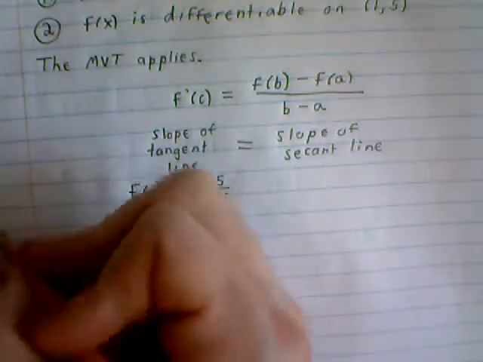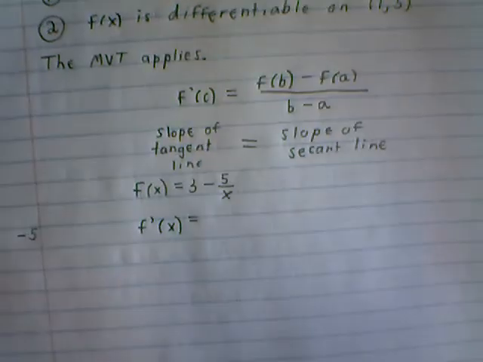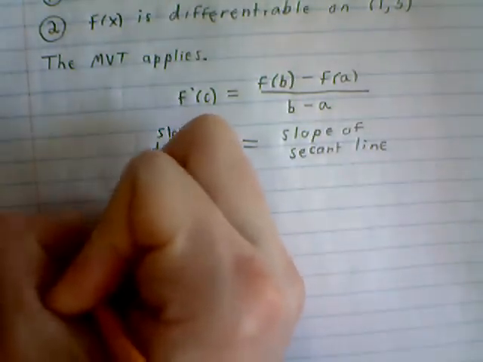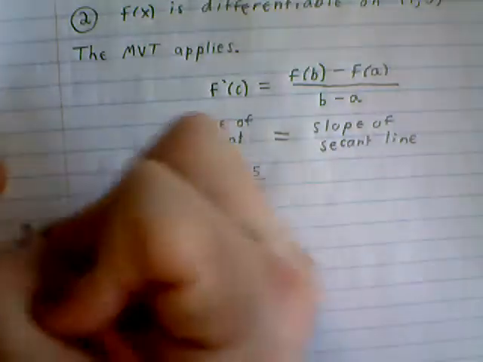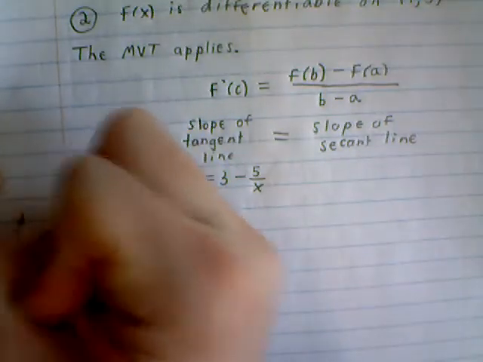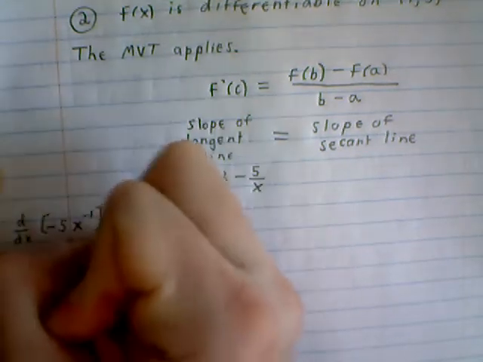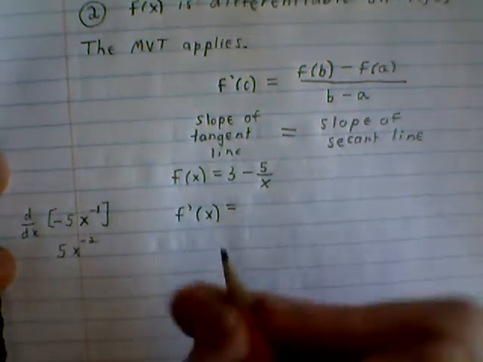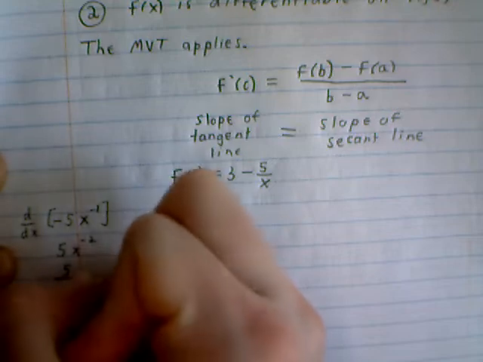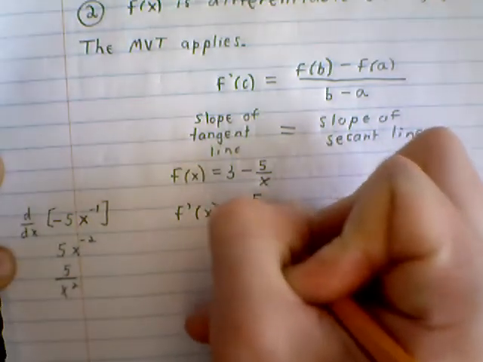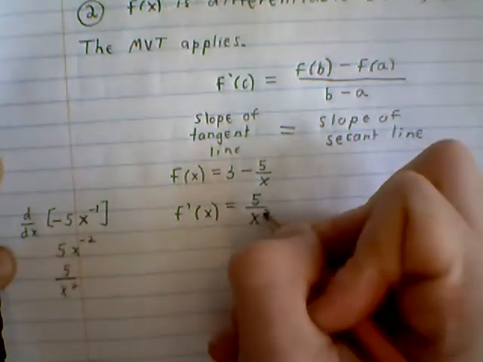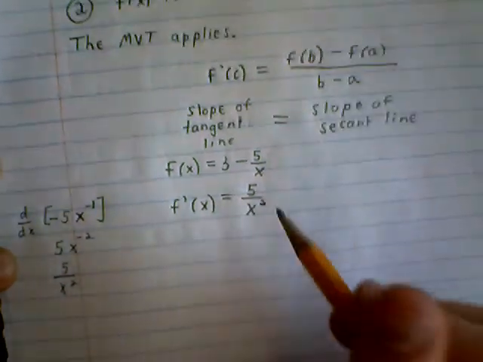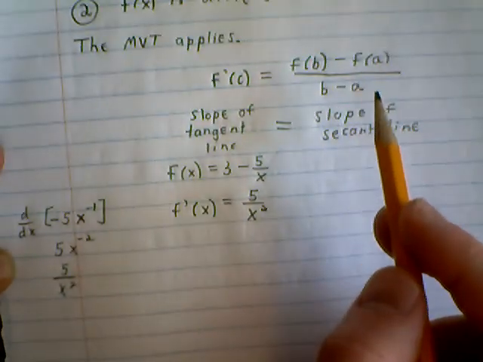Right here for this negative 5, I bring the x up. I have x to the negative first power. I'm going to take the derivative of this. I'm just doing some side work. And I get 5x to the negative second, which is 5 over x squared. So my derivative is 5 over x squared. All right. So I'm saying this derivative at some point has to be equal to the slope of the secant line.